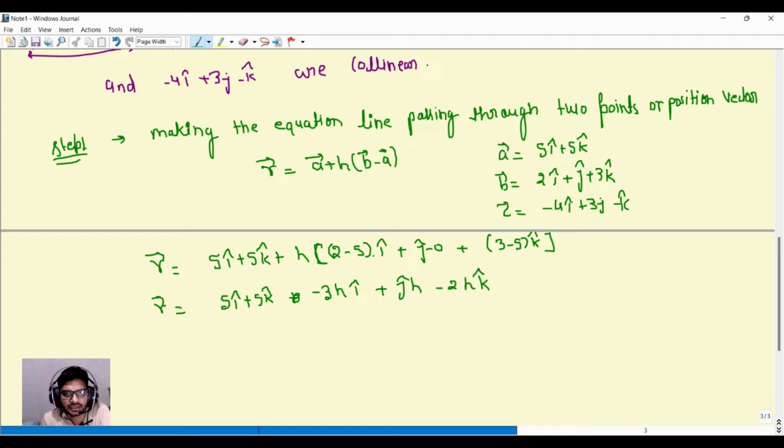By adding, for i it is 5 minus 3 lambda, for j it is lambda, and for k it is 5 minus 2 lambda.